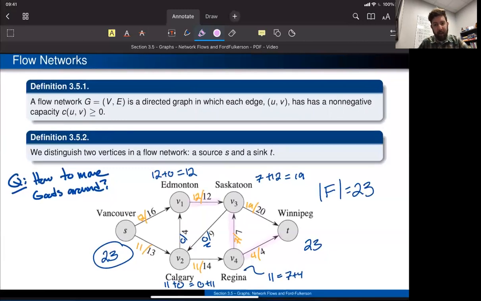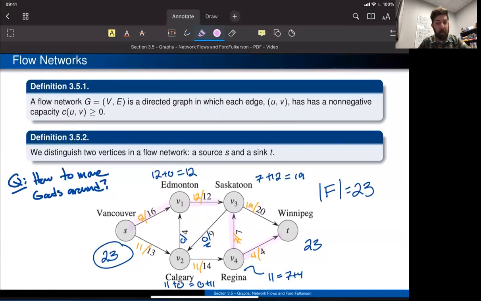If you look at that long enough, you can see that those become the key components of this network. If you were to increase the capacity anywhere else in this graph, you would not increase the flow at all. So if you have this Vancouver to Edmonton and you're like, well, what happens if I can increase that from a 16 to a 17?